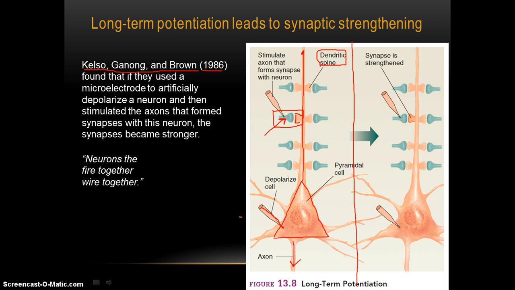It's a very tiny electrode that you can stick into a cell and run a very small electrical current through it. Now what does that do? Running a small electrical current into a neuron will cause depolarization. It will cause this cell to trigger an action potential if you run enough electricity through it, right? So if you stimulate this cell enough, it will generate an action potential.